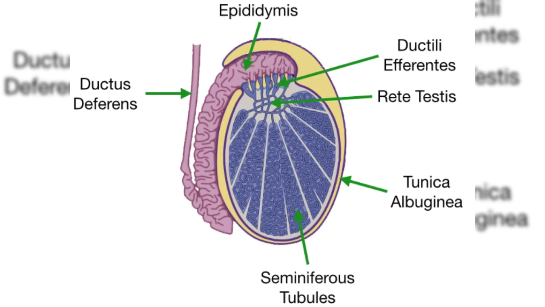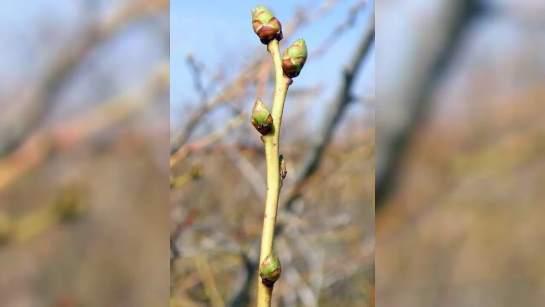Seminiferous tubules. Tubules in the testes where spermatogenesis occurs. Abscisic acid. The plant hormone that brings about seed dormancy when conditions are unfavorable.